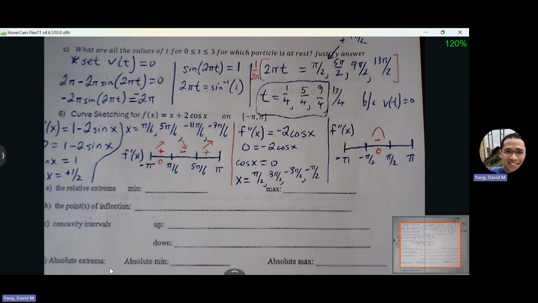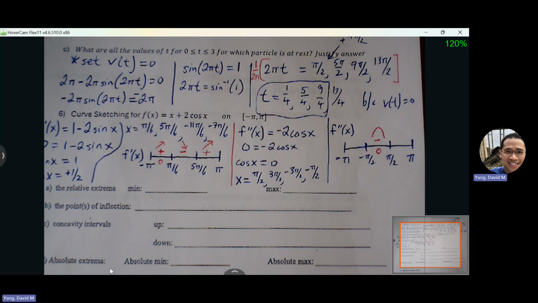Relative minimum is at 5 pi over 6 because f prime changes from negative to positive. Relative max is at x equals pi over 6 because f prime changes from positive to negative. So practice writing out your because statements. You can also fill out your points of inflection, concave up, concave down, all your because statements simply by looking at your concavity sign line.